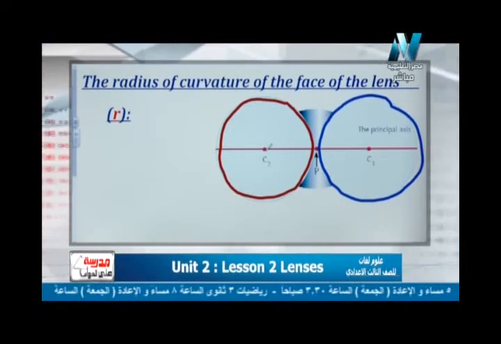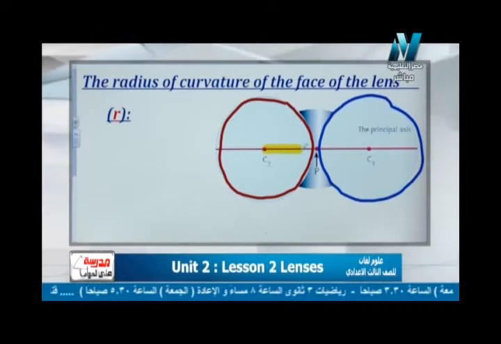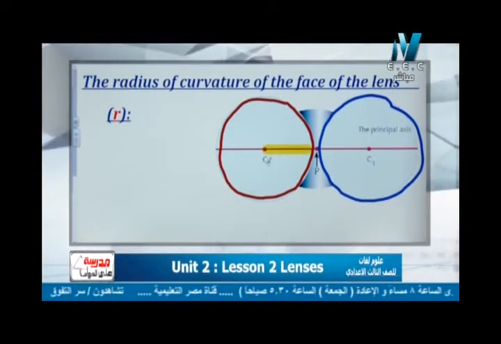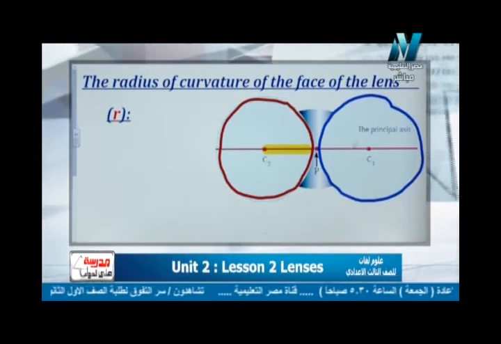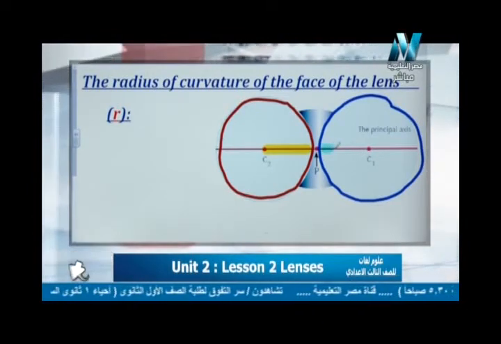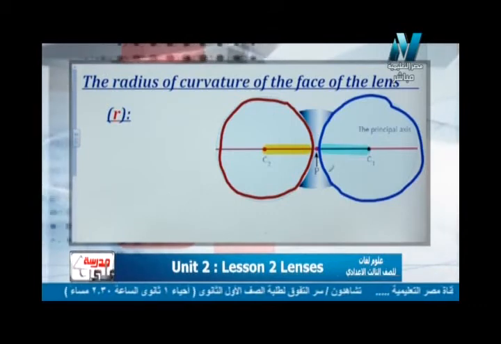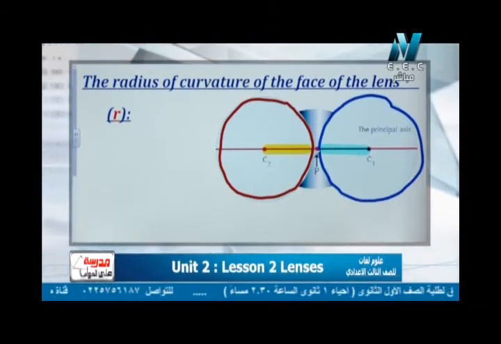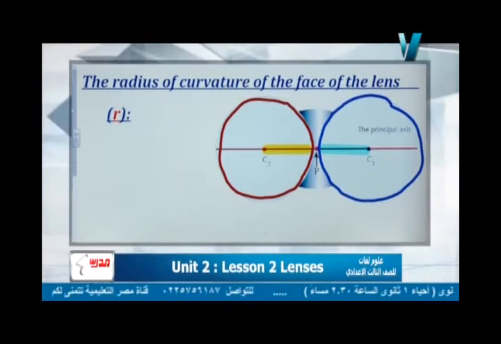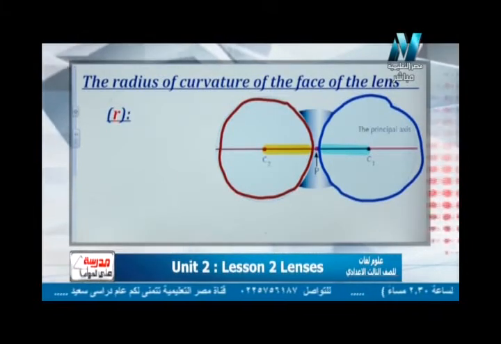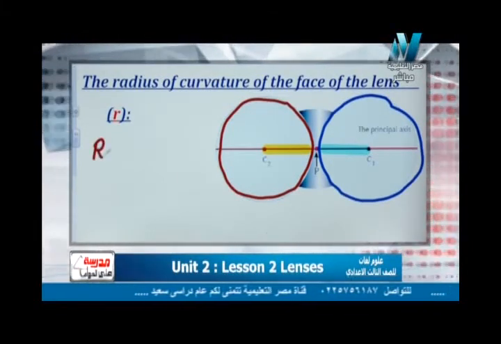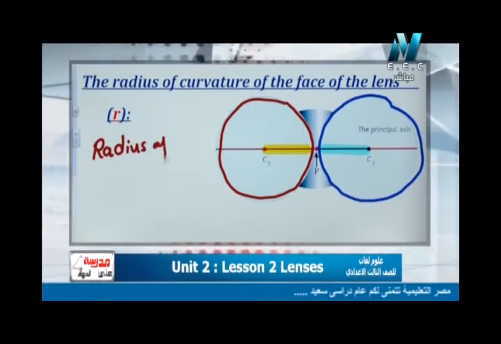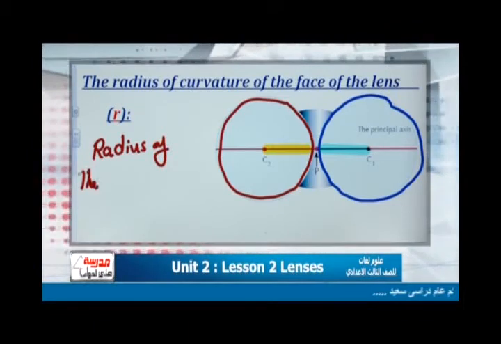Because from C to this point is a radius, and we have another part outside the sphere. And from this side we have this radius, and we have another part outside the sphere to P. So when asked what is meant by radius of curvature, I say it is the radius of the sphere.